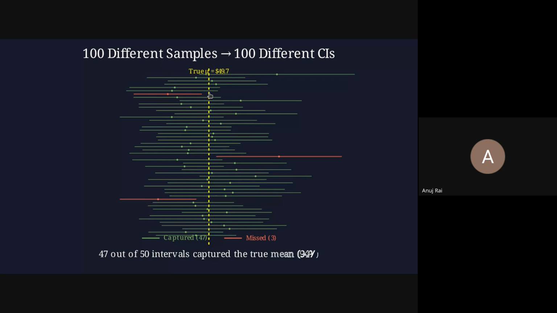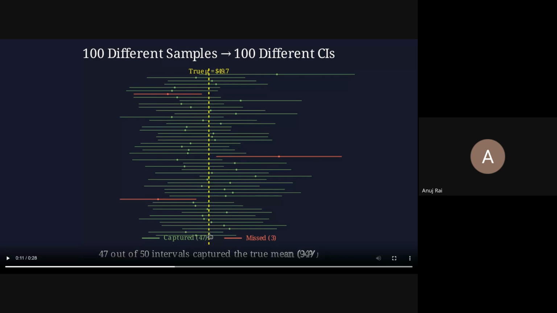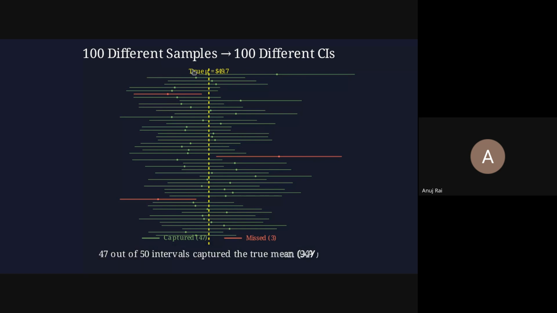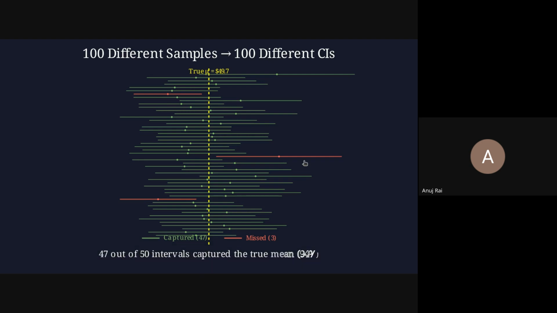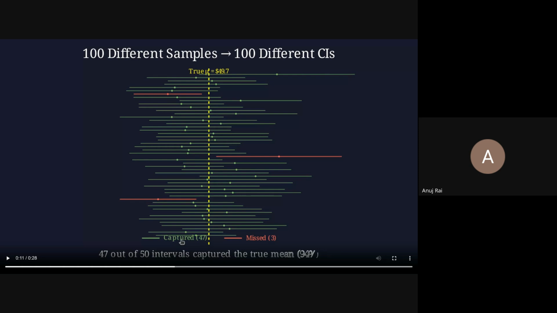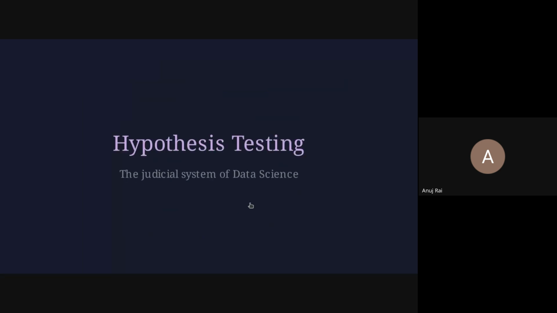The red one is missing it. So 47 out of 50 intervals captured the true mean. The red one missed. So that means it is 94% accurate. 94% of the time it is going to give you an accurate sample mean.